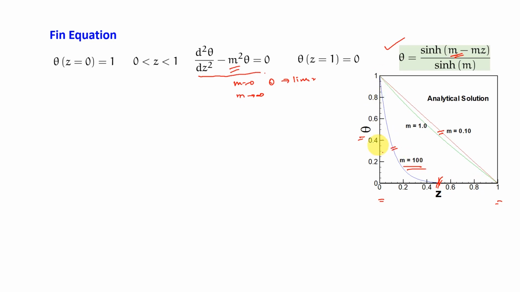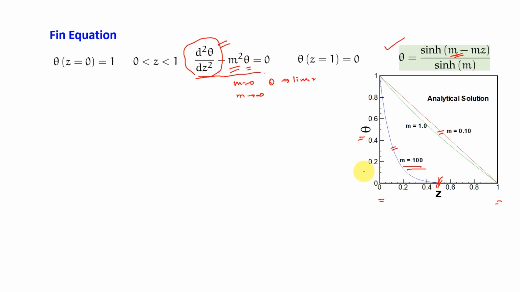Theta drops very sharply from 1 to 0 near z equal to 0, and only in the region close to z equal to 0 will this d2 theta dz2 be important. It will be non-zero. But as soon as you go to z greater than 0.5, you will see that this first term becomes more or less equal to 0, and only the second term will dominate, which means that the second term will give us theta equals 0.